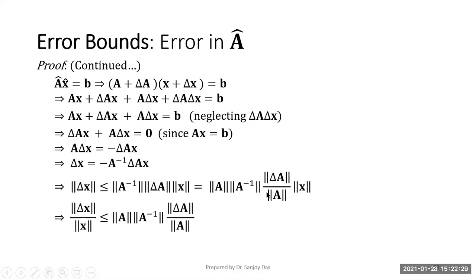Norm of delta X over norm of X is less than or equal to norm of A inverse times norm of A, times this ratio, norm of delta A over norm of A. What is this? This is the condition number. And this, norm of delta A over norm of A, is the fraction error in A. And this is the fraction error in X.